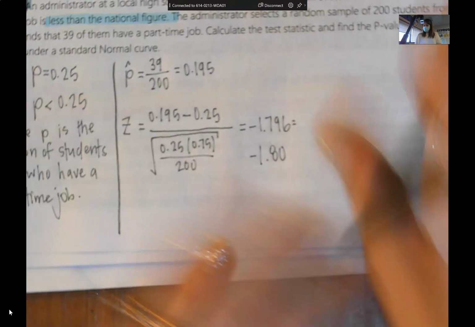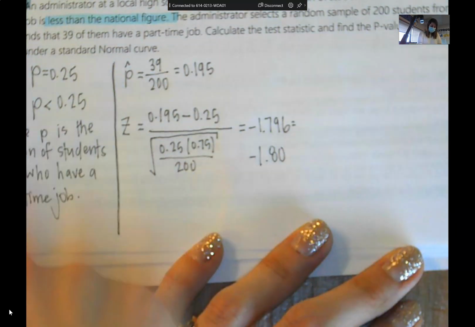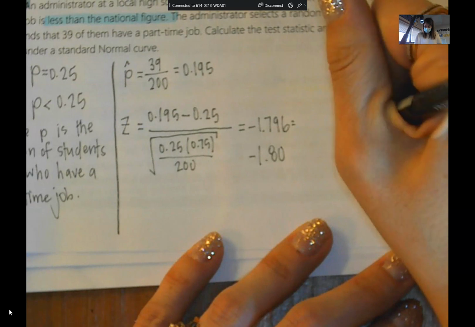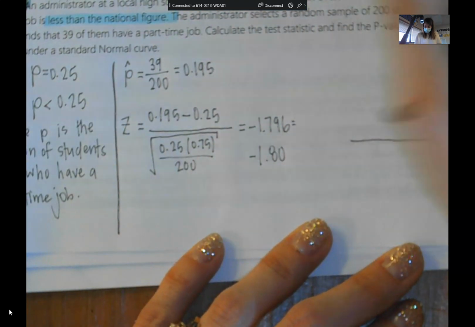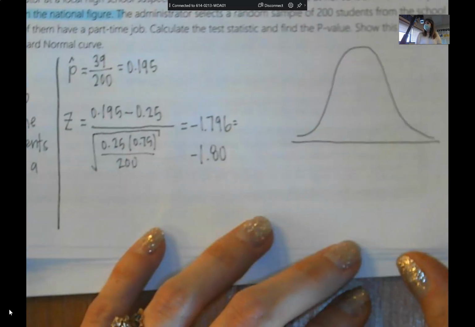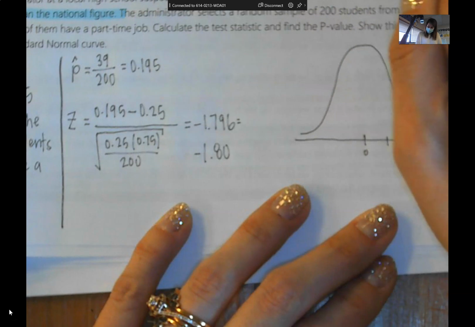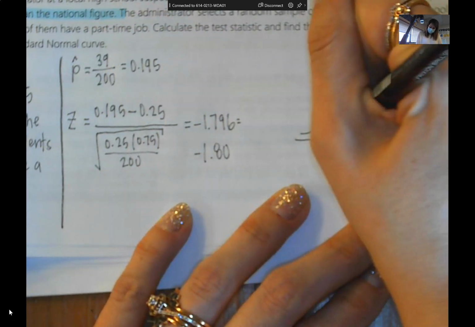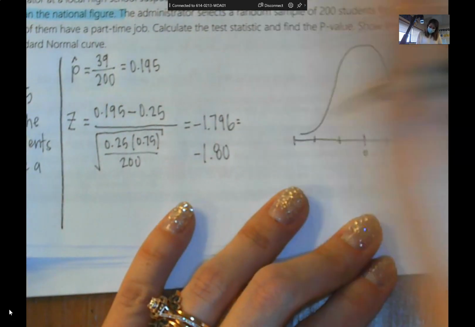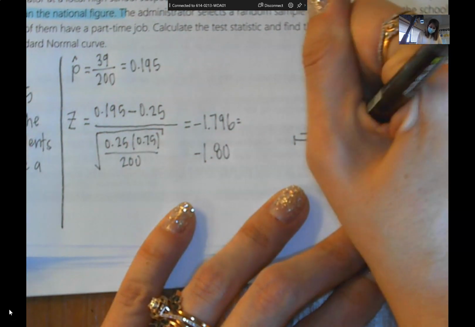To show that on a normal curve, here's what we just found. So we're going to draw our normal curve. And when we're working with our Z table, the center is 0. And we go out 3 standard deviations on either side.